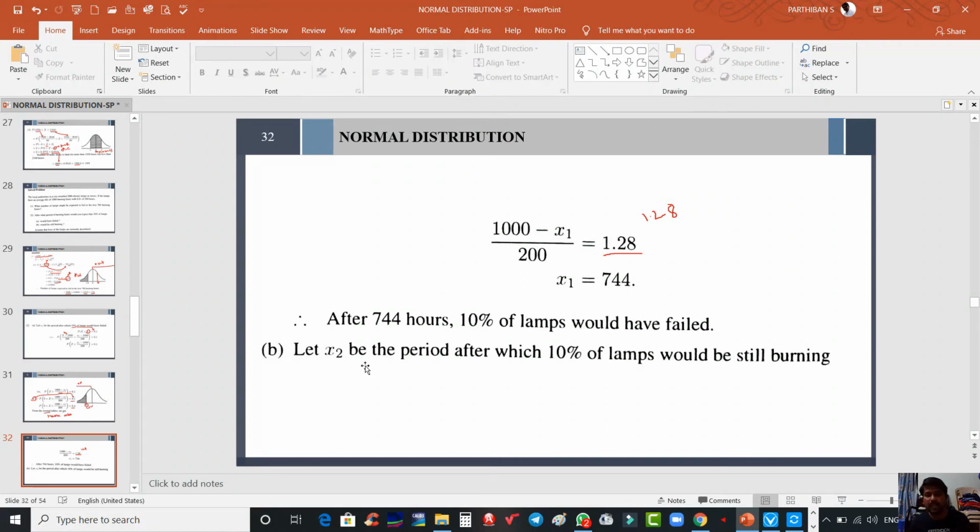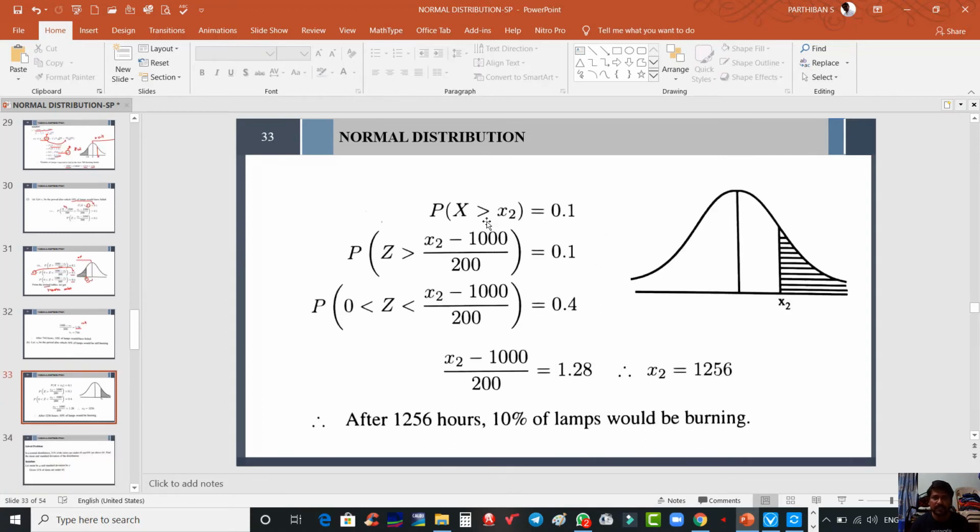Similarly, let x2 be the period after which 10% of lamps would be still burning. The probability of x greater than x2 equals 0.1.